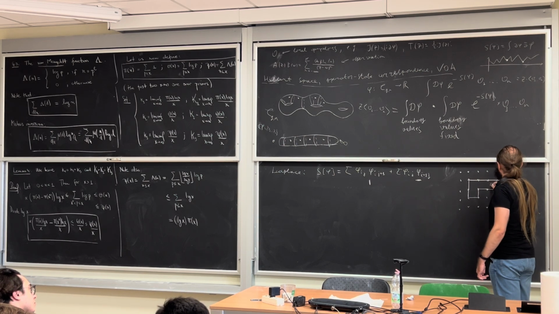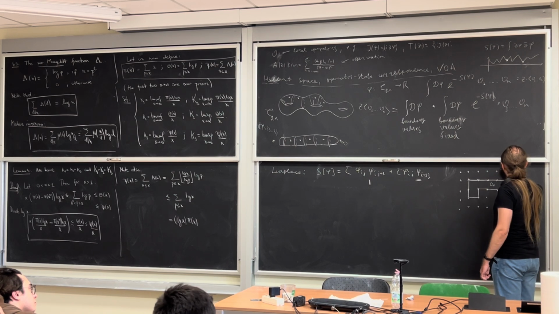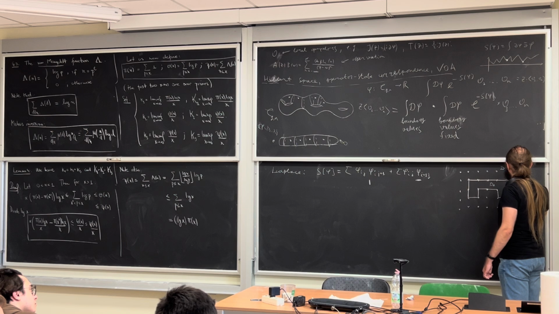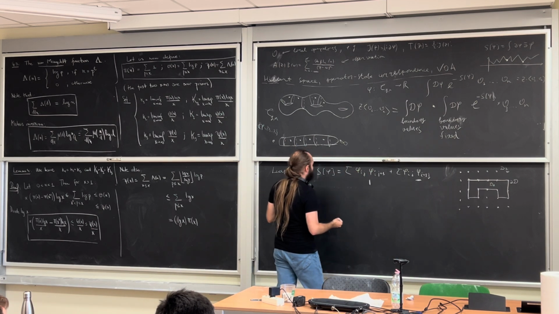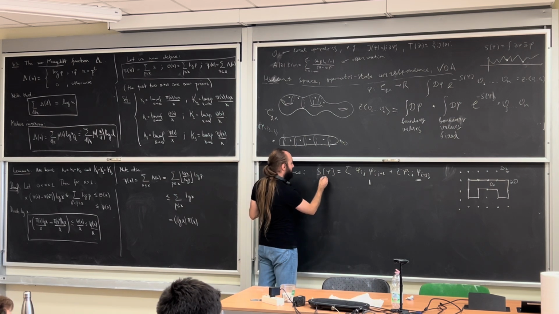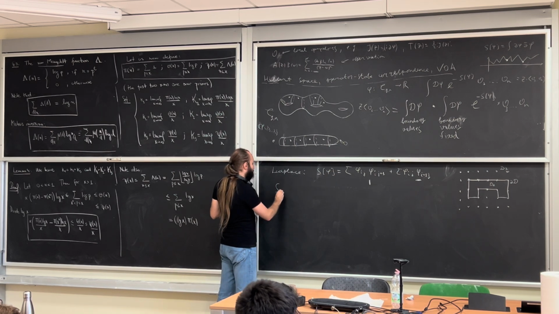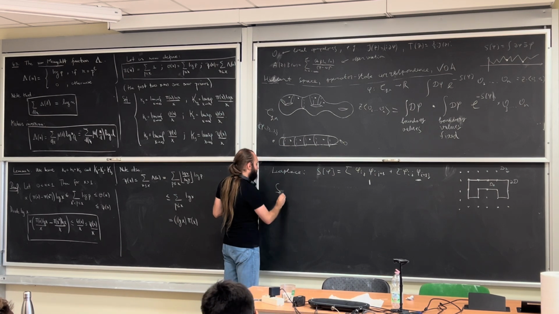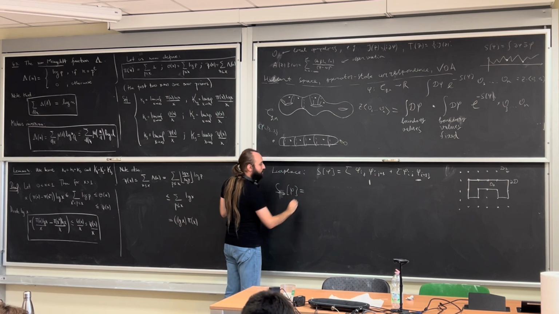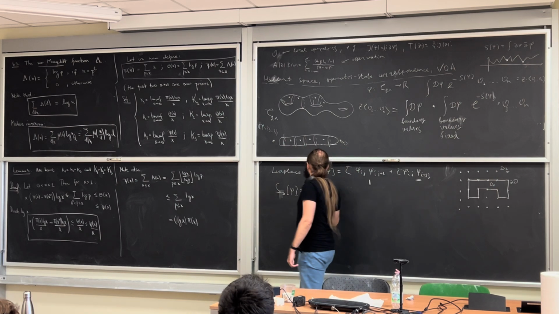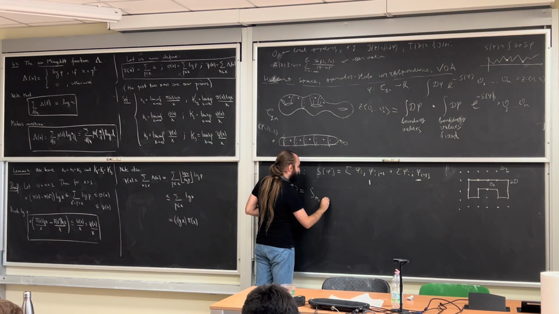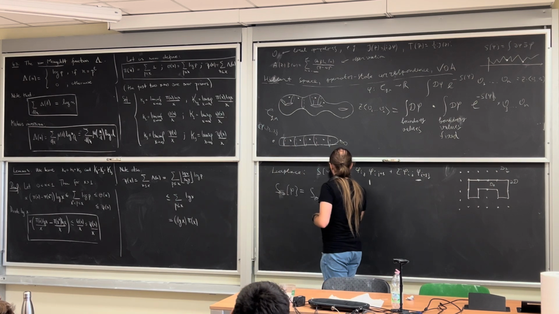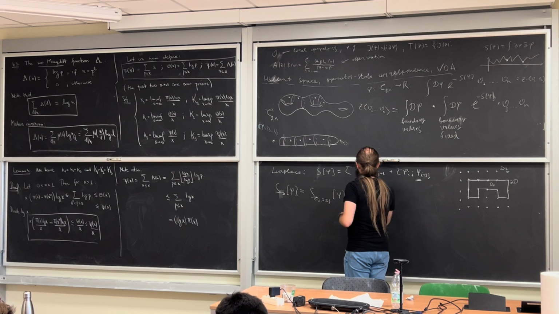we have two domains, D1, D2, and their boundary dD. So in this case, we have a statement that S of phi equals, let us say, S_D of phi, equals S_D1 of the boundary values of phi plus S_D2 of the boundary values of phi.